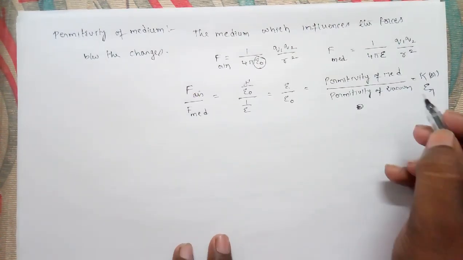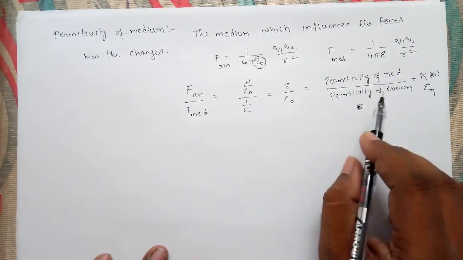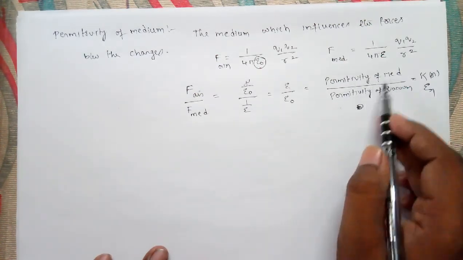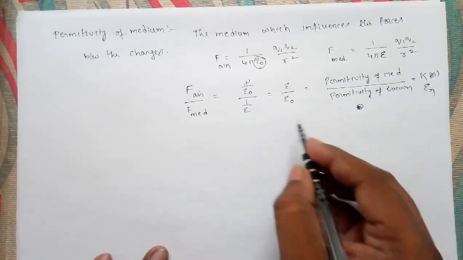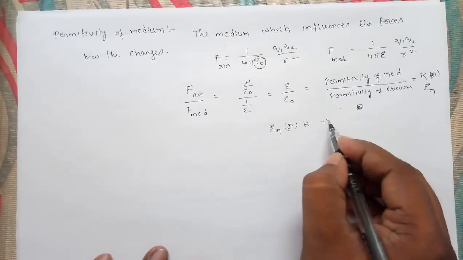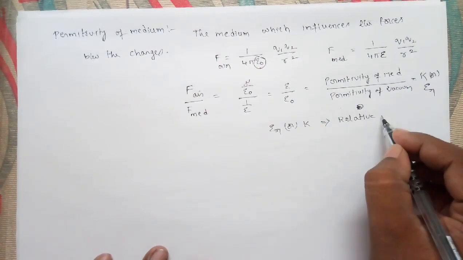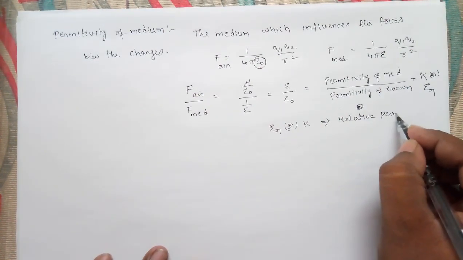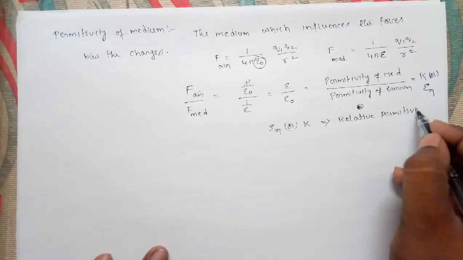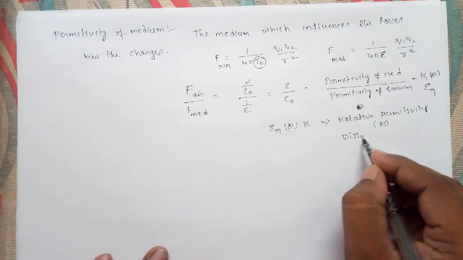Relative permittivity, in the sense you can understand, is the ratio of the permittivity of the medium to the permittivity of vacuum. So epsilon r, or we can say k, is the relative permittivity, or also you can call it the dielectric constant.